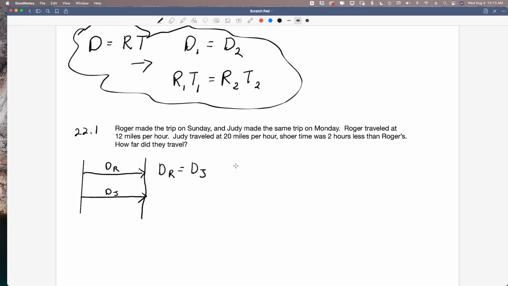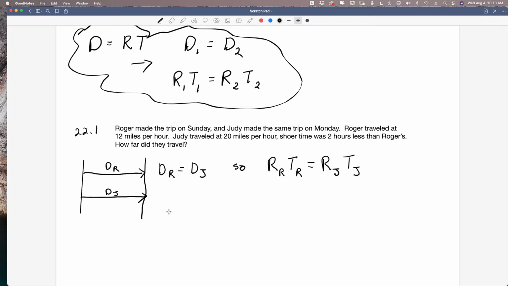So we can say that the rate of Roger times the time of Roger is equal to the rate of Judy times the time of Judy.